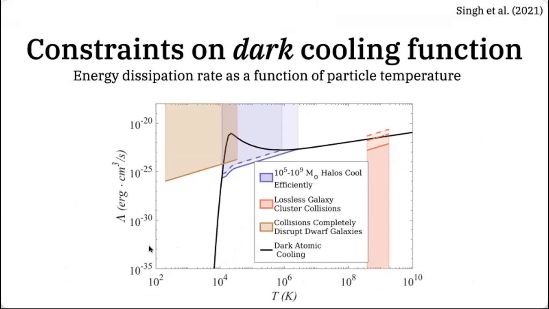Okay, so here is one example. We have temperature as the function, from 10 to 100 Kelvin to say 10 to the 8 Kelvin. If you are thinking about atomic dark matter, or dark proton and electron, at very high temperature they might be in an ionized state, just like in the cluster, where we have X-ray gas, right? In that case, we are constrained from clusters, like the Bullet Cluster.